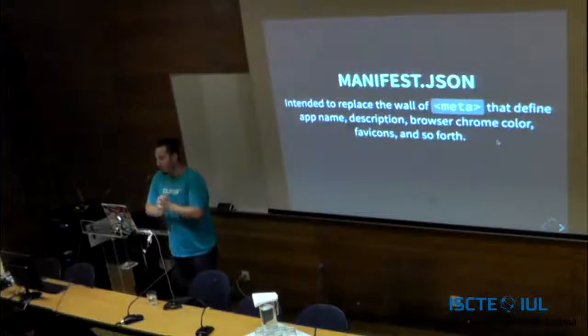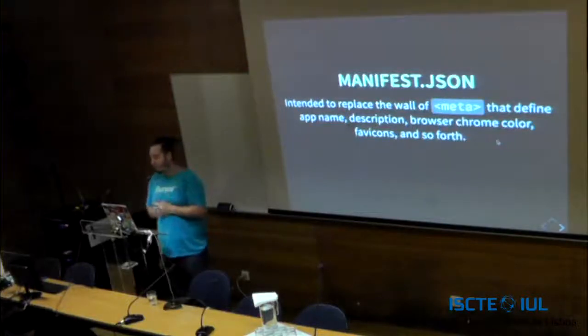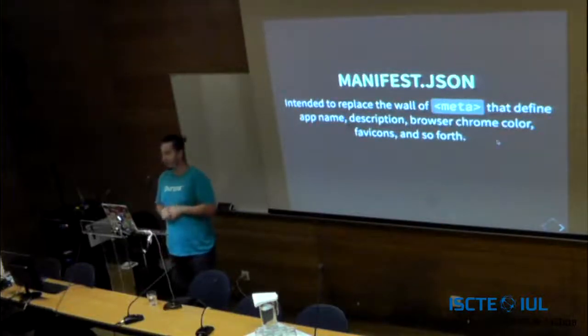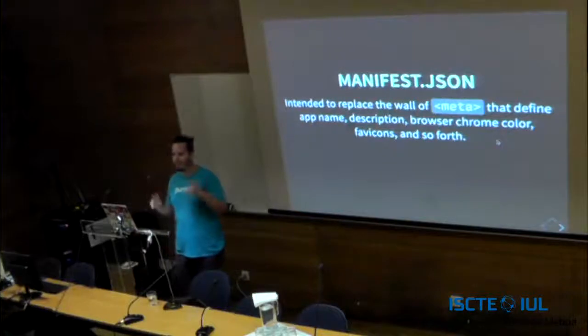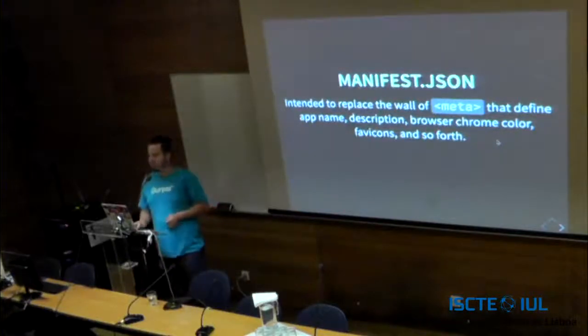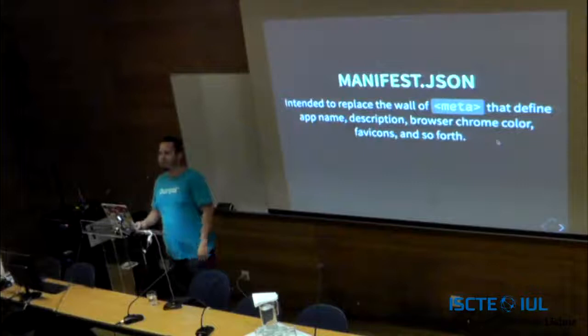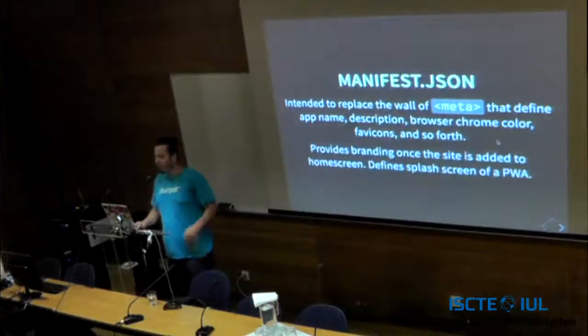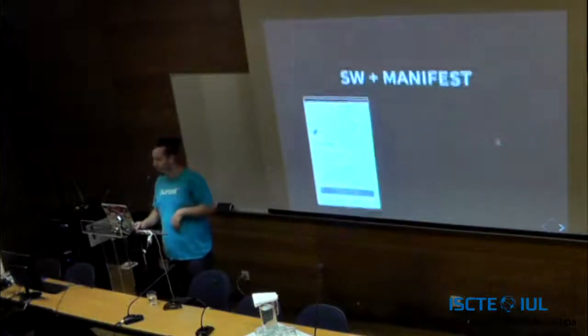Very useful. The manifest.json is, like I said, a very tiny file with some simple metadata that replaces all these meta tags and icon tags and that sort of stuff. But it's centralized, and now it's standardized, and it works across browsers. It helps you provide some branding, and it allows you to install a web app.